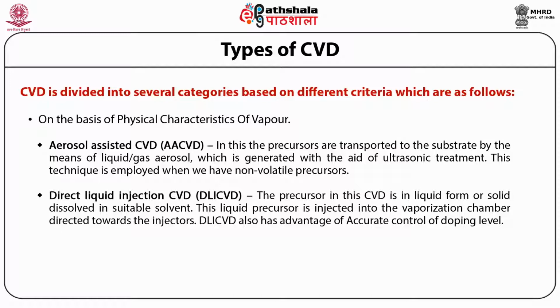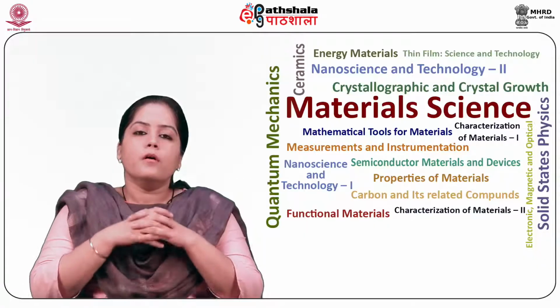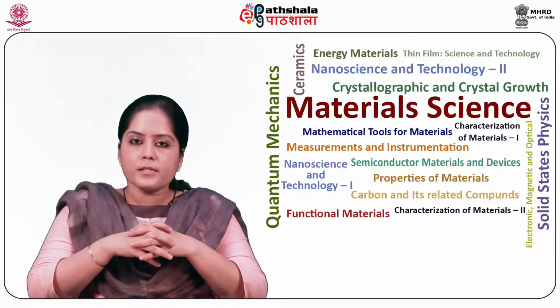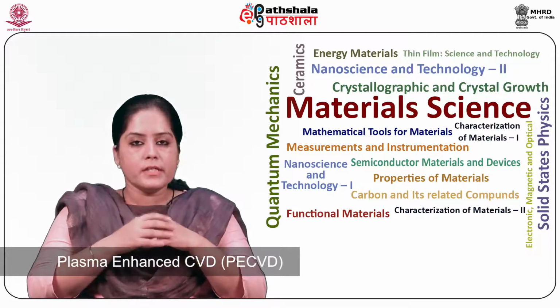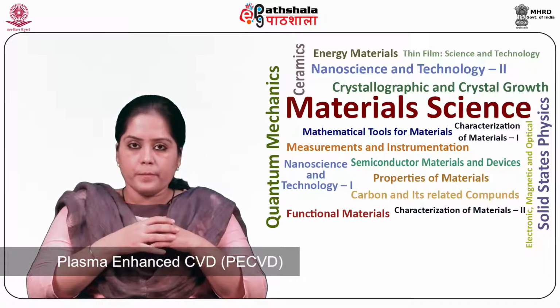This liquid precursor is injected into the vaporization chamber directed towards the injectors. Now, DLI CVD has an advantage of accurate control of doping level. On the basis of plasma methods, plasma enhanced CVD, PECVD.